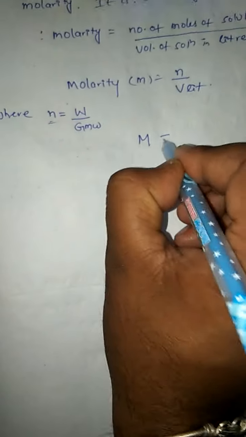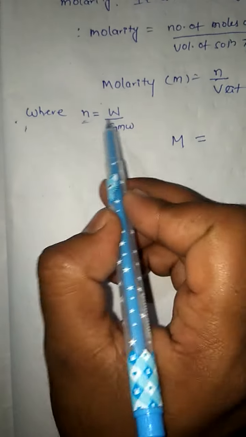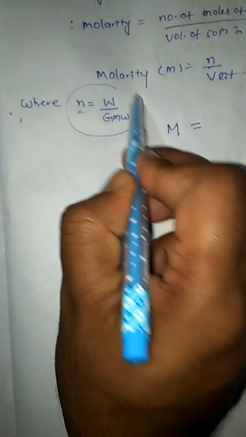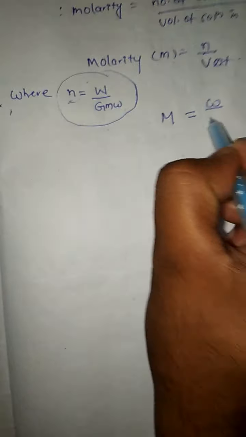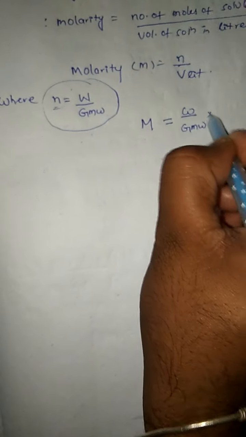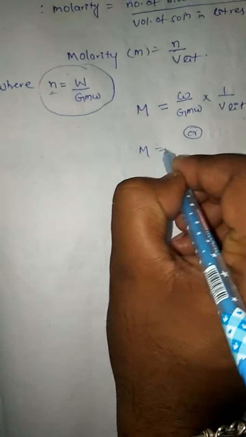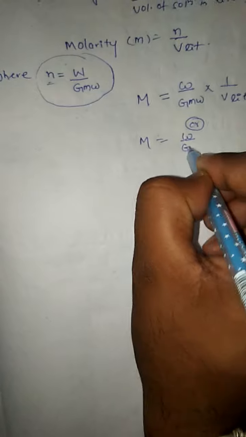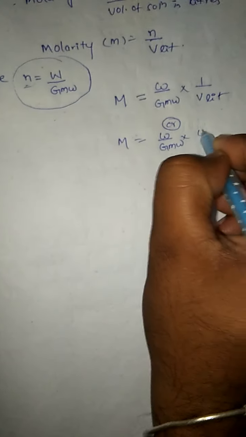Therefore molarity equal to weight by gram molecular weight into 1 by V liters, or molarity equal to weight by gram molecular weight into 1000 by V milliliters.